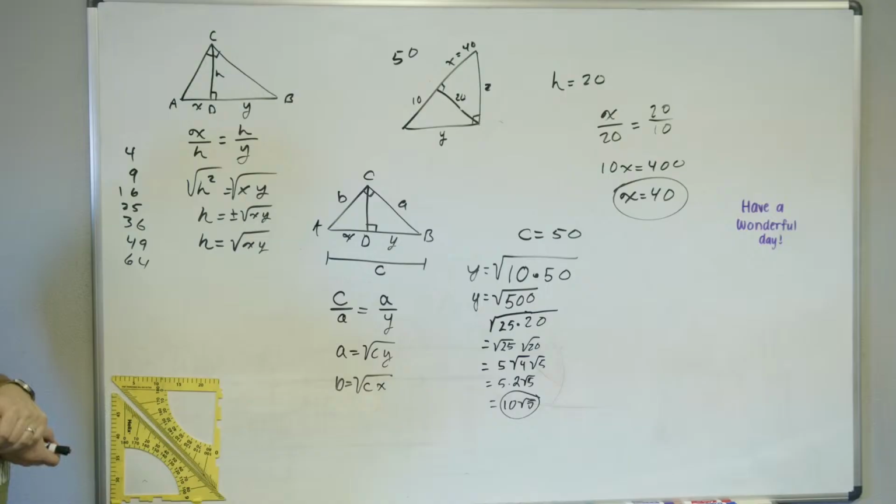Would you like to know why we even simplify our radicals in the first place when we have calculators? I'm going to tell you. There was a time when calculators didn't exist. I know that's scary, dark ages, but it happened.